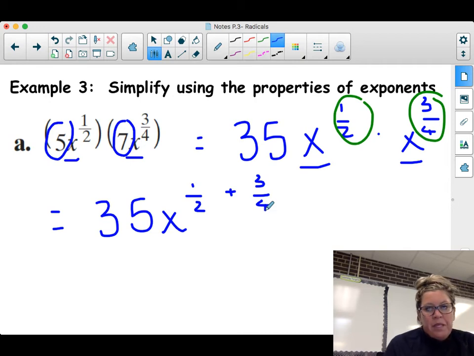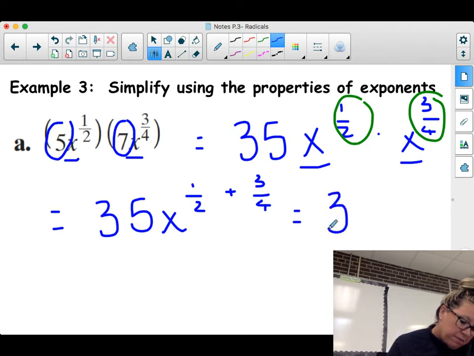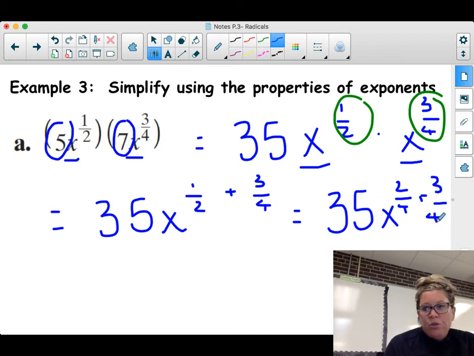Well, these fractions are not alike, so we have to change them to like denominators. The least common denominator is going to be 4. So we're going to change that 1/2 to 2/4. Now 2/4 plus 3/4 is 5/4.